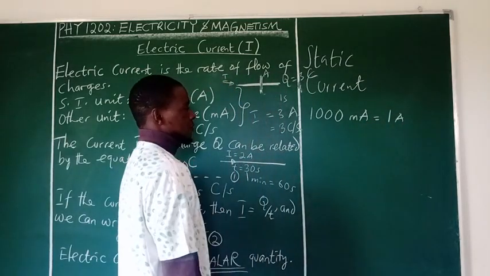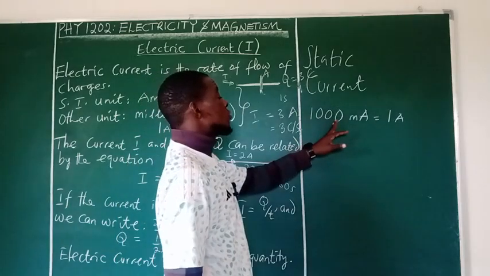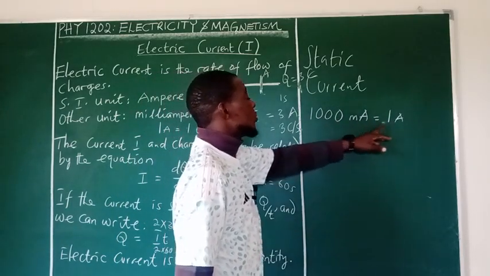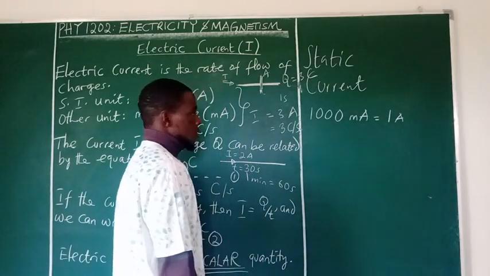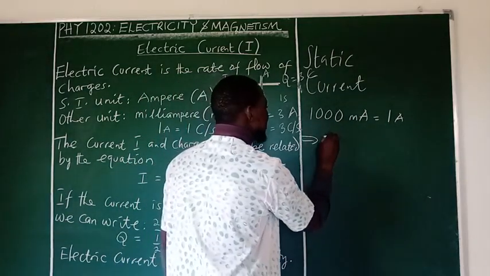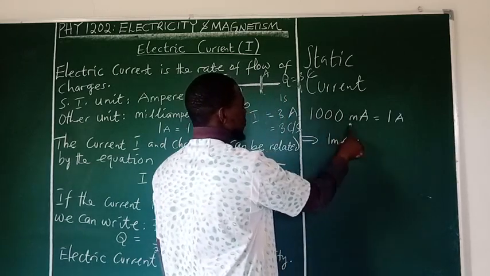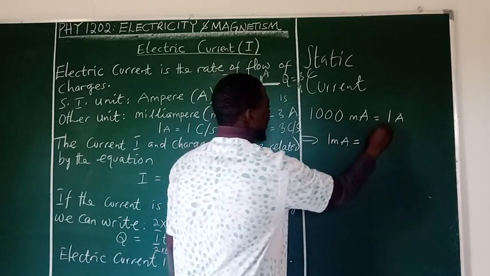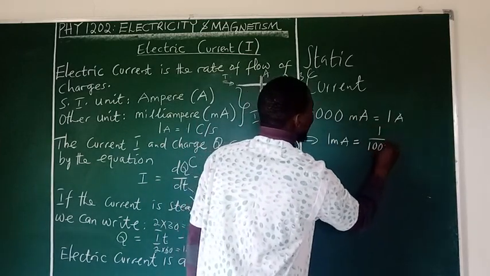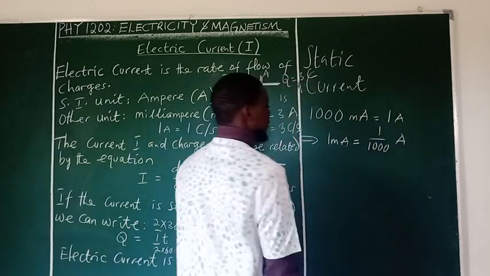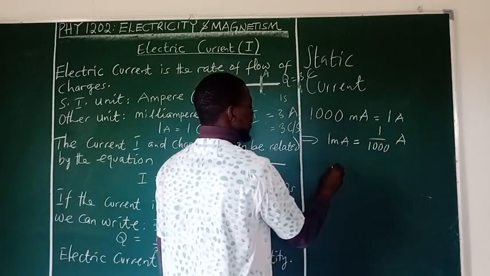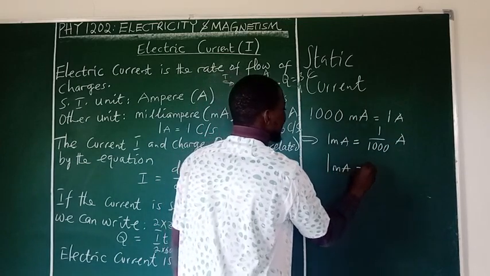This must be up to 1000 before you will get 1 ampere. So this means 1 milliampere, I will divide both sides by 1000 and I will have 1 over 1000 ampere. You see that? 1 divided by 1000.